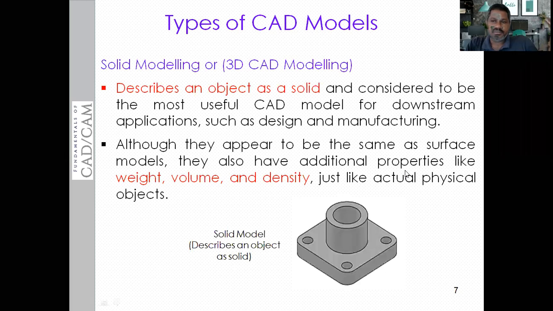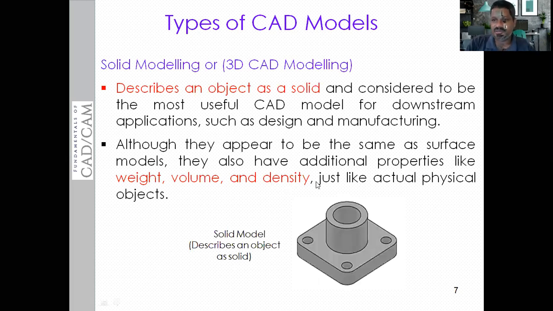The model which is assigned with properties like weight, volume, density is called the solid model. This is actually the realistic model that you come across outside. Whenever you create a solid model using any commercially available software, you can assign all these properties: weight, volume, and density.